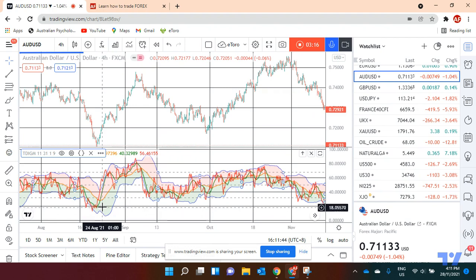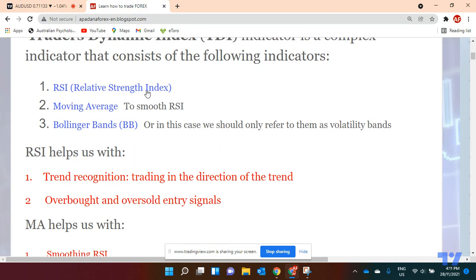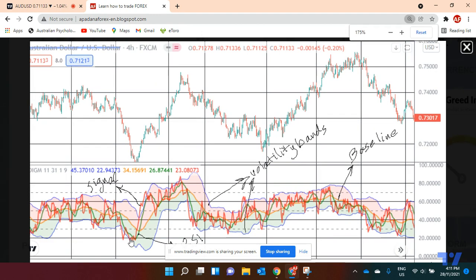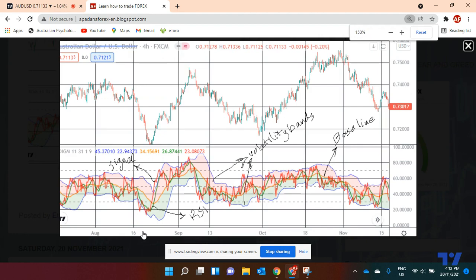Let's start with the RSI. Actually, before we start on that, I'm just going back to this photo. As I said, maybe zoom out a bit on this one. We can see the RSI line in green and signal in red, and also we have volatility bands in blue color at top, and the lower volatility band here.